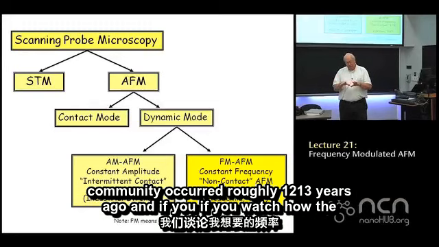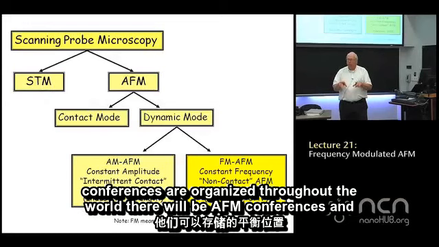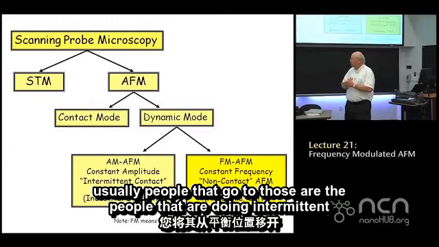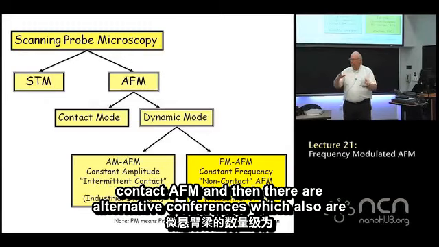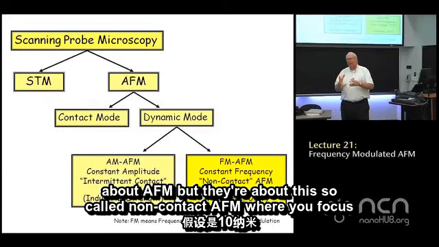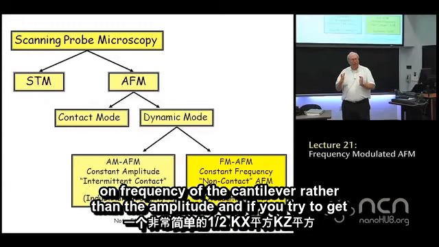And if you watch how the conferences are organized throughout the world, there will be AFM conferences, and usually people that go to those are the people that are doing intermittent contact AFM. And then there are alternative conferences, which also are about AFM, but they're about this so-called non-contact AFM, where you focus on frequency of the cantilever rather than the amplitude.